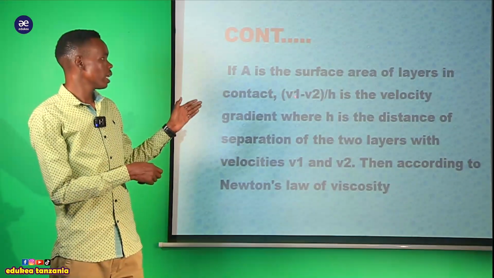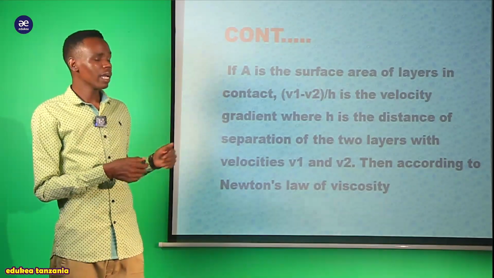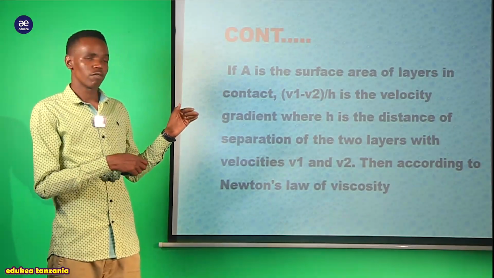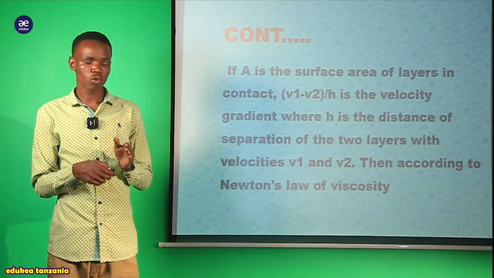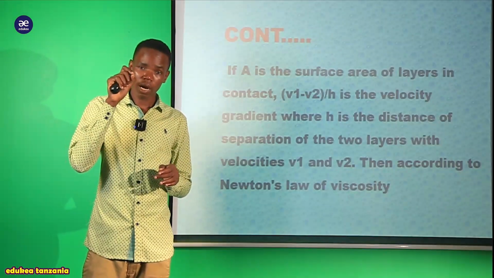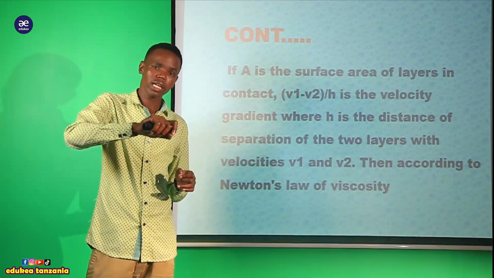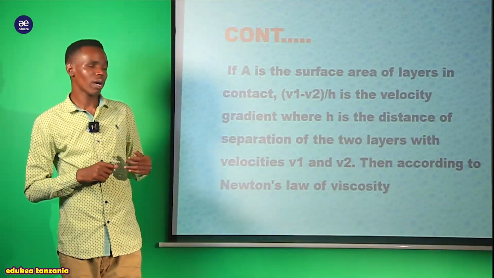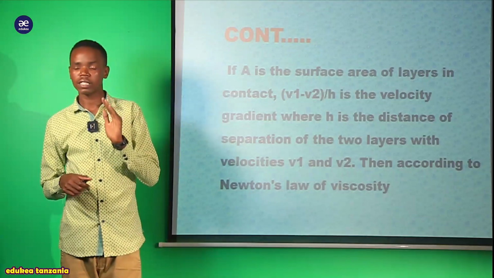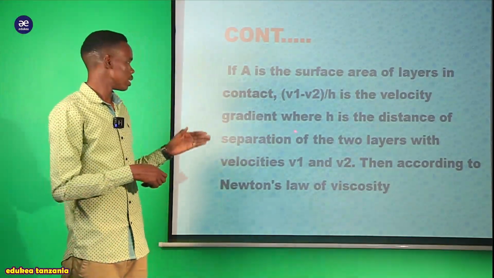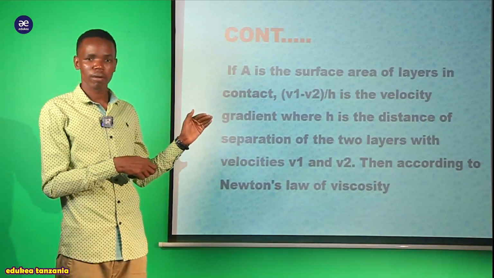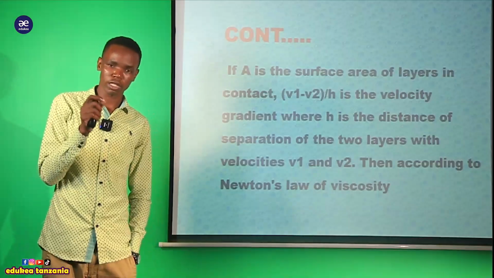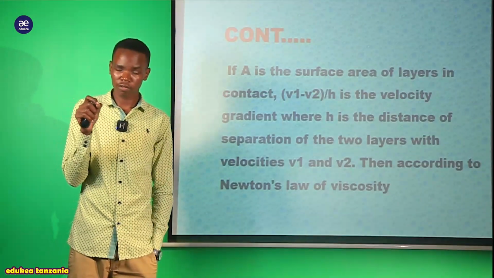So my dear student, if A represents the surface area of the layer of contact, then we take v1 minus v2, because on the right-hand side we have the highest speed. So we take v1 and subtract v2. Now v1 minus v2 divided by h is called the velocity gradient, which we said is dv divided by dy.